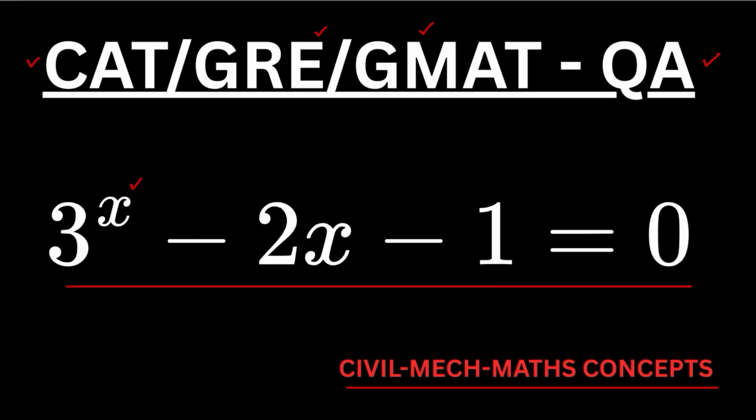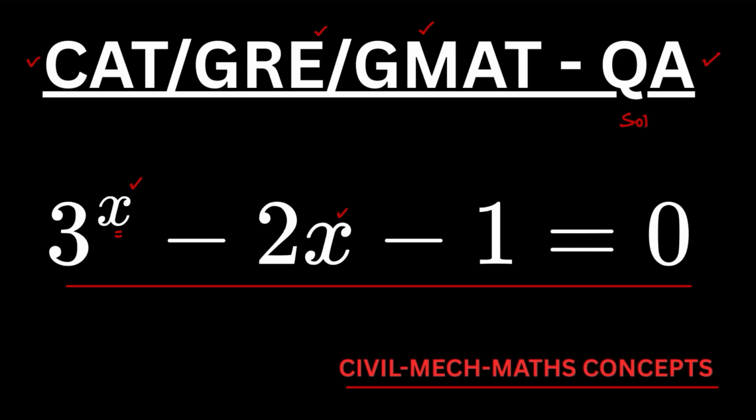It's not a polynomial either. The power itself is a variable. It's an exponential equation. It's a typical equation. We have to find out the behavior and we have to solve for the roots.